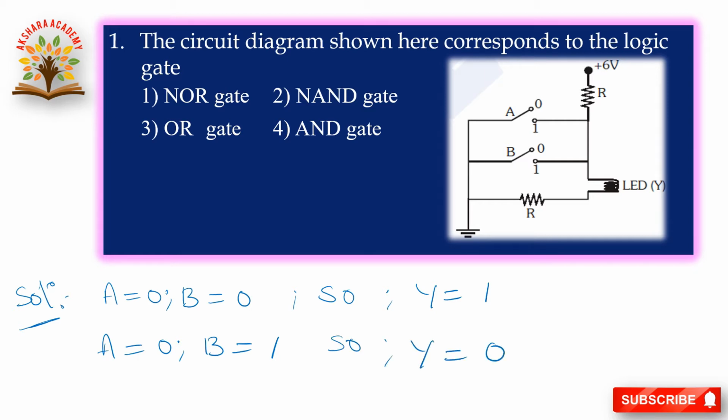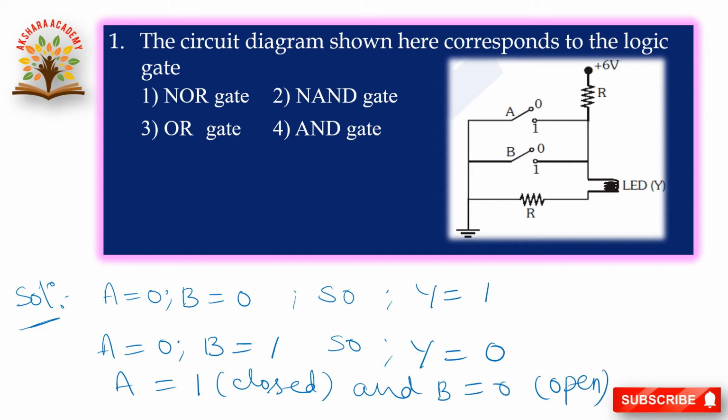Similarly, when A is closed and B is 0, nothing but open, the bulb does not glow. Then the output Y is also equal to 0.